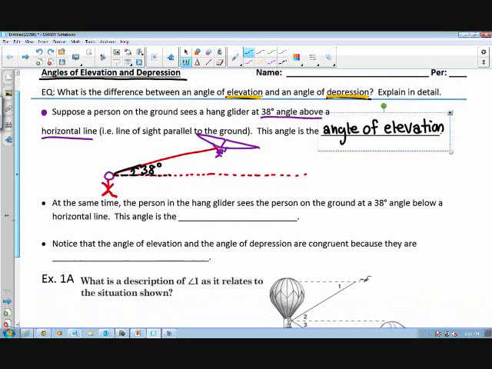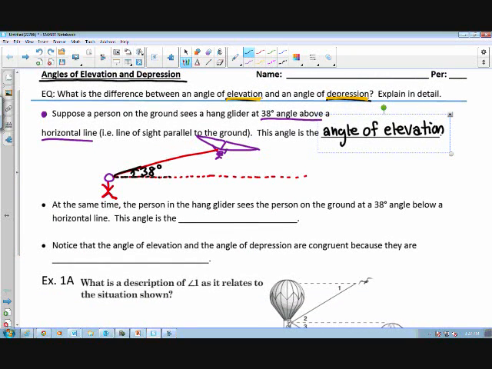At the same time, the person in the hang glider sees the person at the ground at also a 38 degree angle, but this time it's below a horizontal line. Now, where are the hang glider dude's eyeballs? Are they at his toes? No, the hang glider dude's eyeballs, if he was to look straight to the left, it would also be parallel to the ground, which is also parallel to our guy standing on the ground's original line of sight.